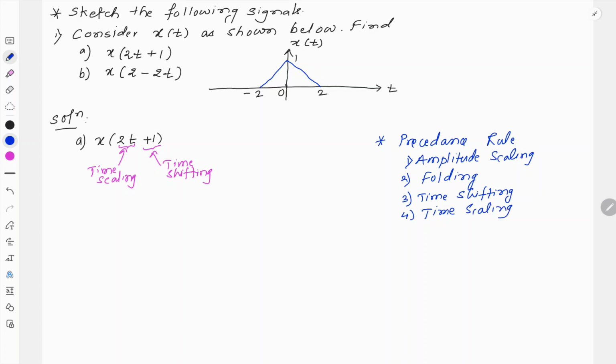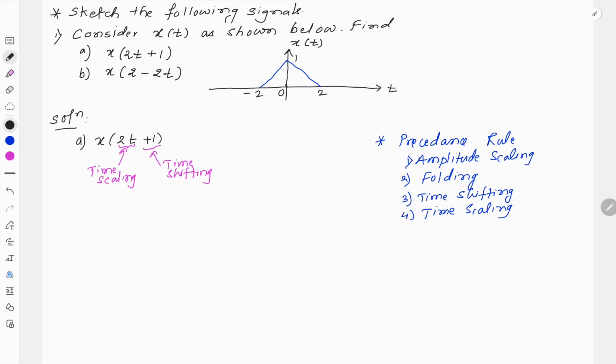So in our case, there are only two operations. First is time shifting, second is time scaling. Out of these two operations, if you look at the precedence rule, we have to perform time shifting first and then we have to go with time scaling. So first of all, let us see what signals we are supposed to draw.